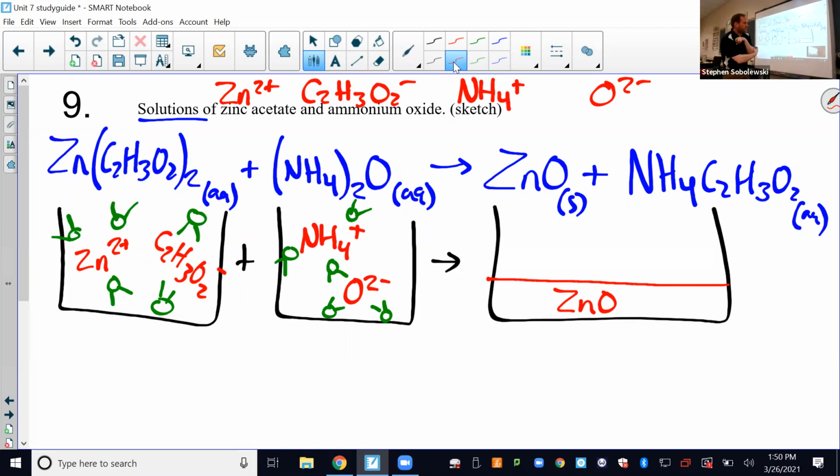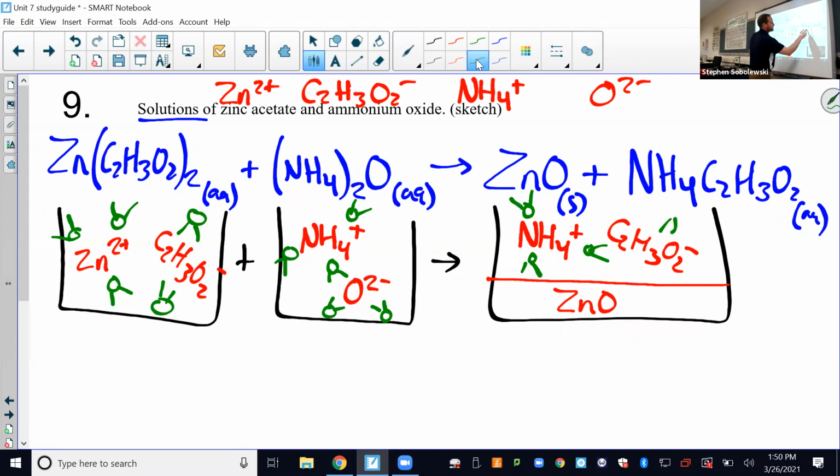Ammonium acetate is aqueous, so I put my ammonium NH4+, and my acetate C2H3O2-. I'm going to show waters interacting with these. And that's it.